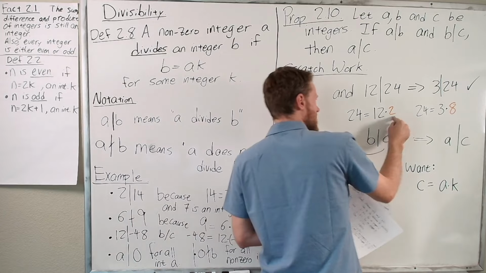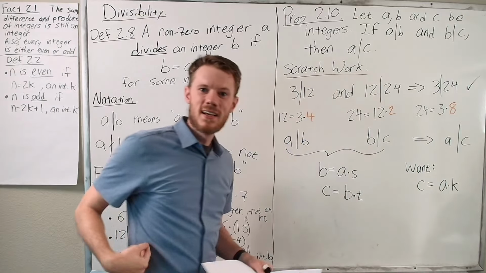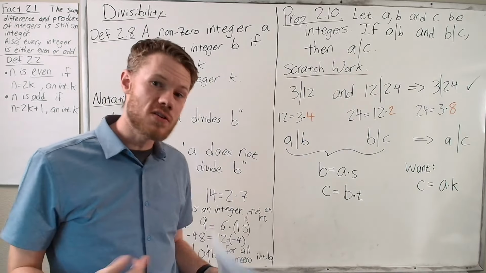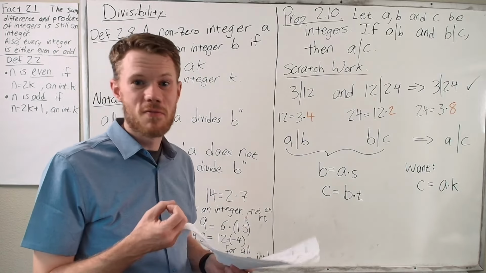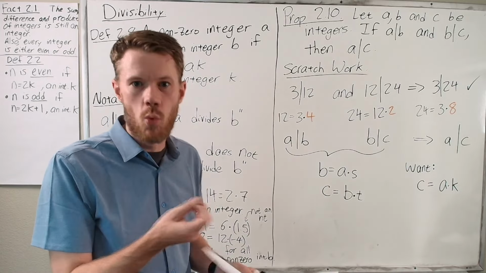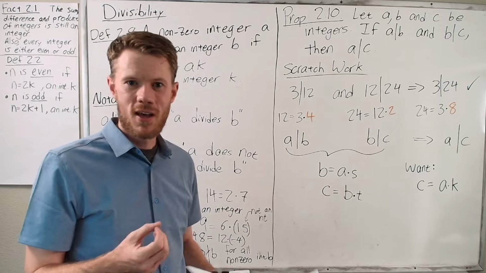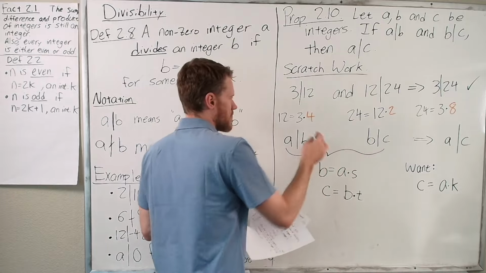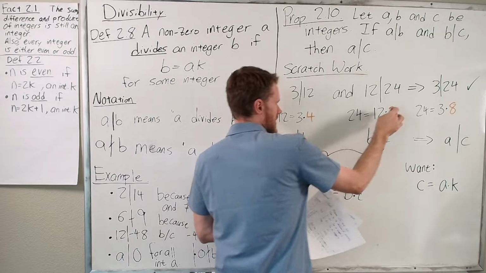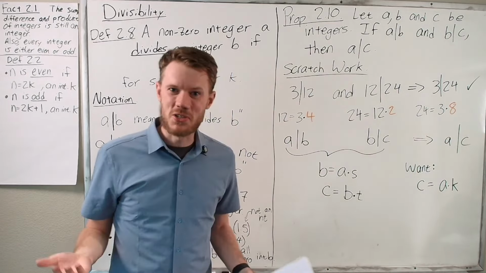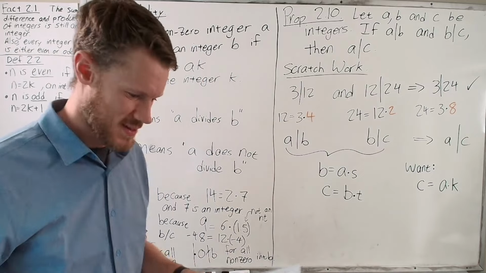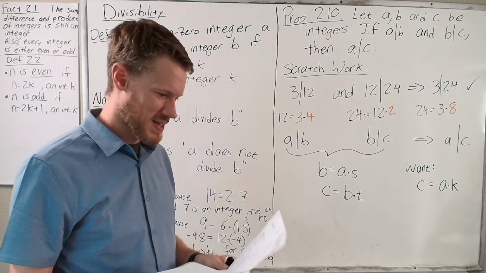This number times that number equals that number. See, this is when it's oftentimes helpful to do scratch work. Sometimes the definitions just sort of the reason why something is true sort of pops out at you. And you're like, oh, well, in this one example, this K times that K equaled that K. I wonder if that's always true. What do you think? Is this just a coincidence or is it always true?